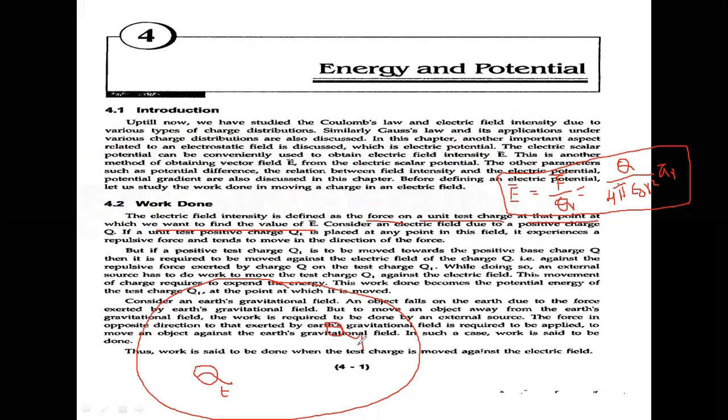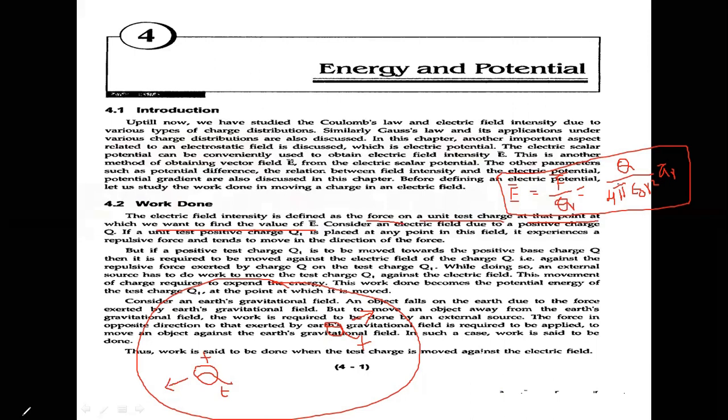See, the positive charge is already there, and we bring the test charge Q nearer. There is a repulsion because both are positive charges. Repulsion occurs due to the positive charge in the space and tends to move in the direction of the force. But if the positive test charge Qt is moved towards the positive base charge Q, then it is required to be moved against the electric field of the charge Q, that is, against the repulsion force exerted by the charge Q on the test charge Qt.